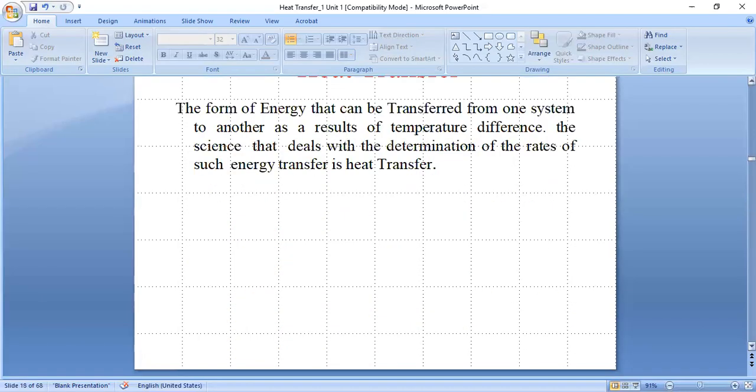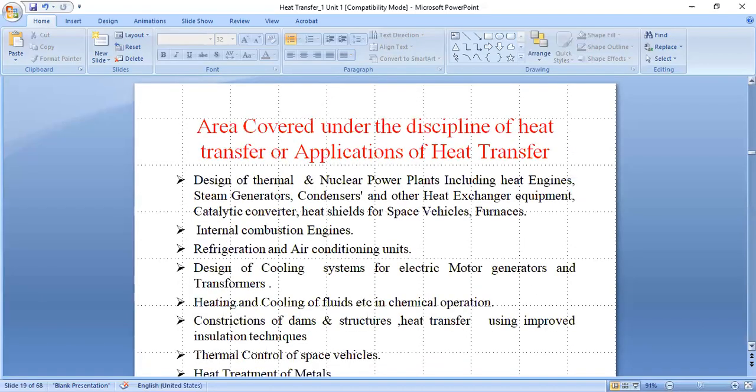Next, the major areas covered under the discipline of heat transfer, or applications of heat transfer.